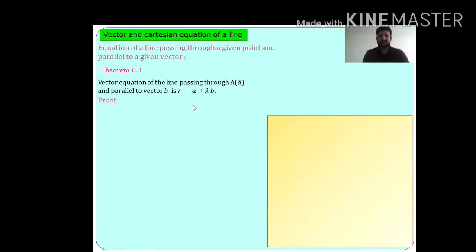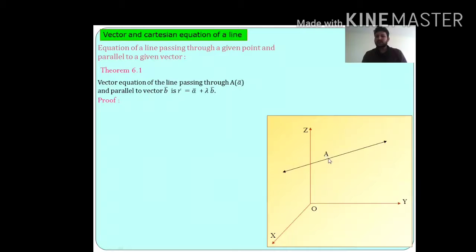Cartesian coordinate system, three-dimensional geometry, x-axis, y-axis and z-axis. A line passes through a given point A, whose position vector with respect to the origin is A bar. Also, one more point P is taken on this line.